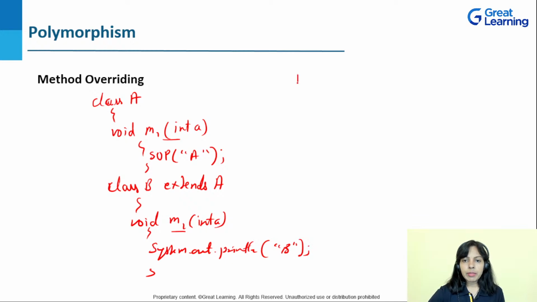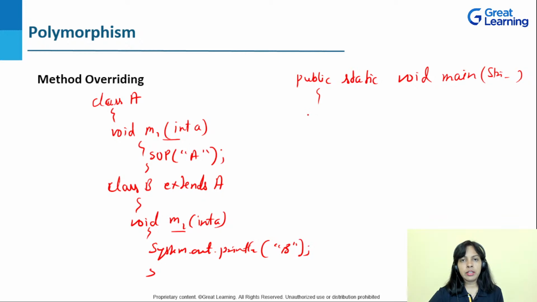Okay, so under public static void main, what will happen here? So string args and all that. This is clear to you, right? If I use a class reference object and a class constructor, class A method will be called, and with B class reference and B class constructor, class B method will be called.